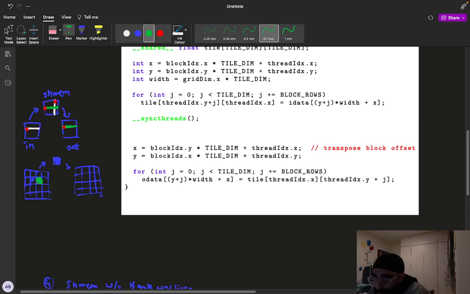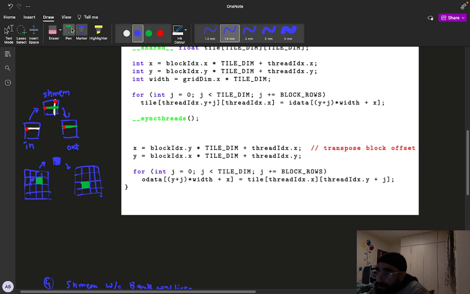Let's say these squares represent blocks in our grid, and we want to transpose this block. We load this block into the shared memory first, and then all of these elements in the block would be mapped to these elements in the output matrix.